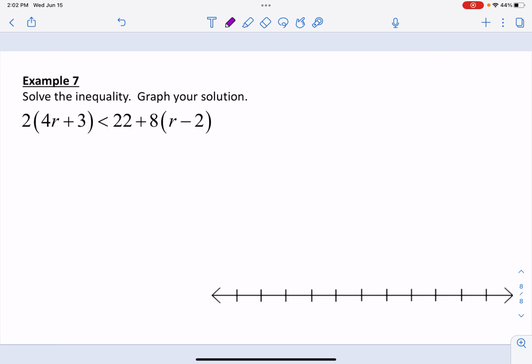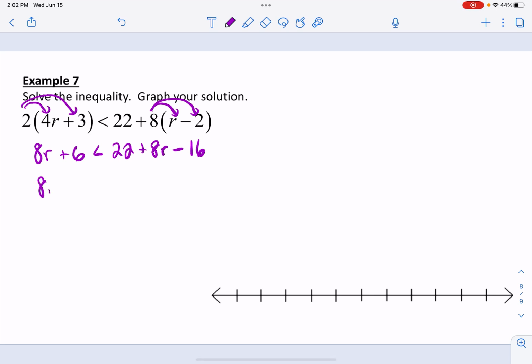So now, what we want to do is we want to solve this one. Distribute the 2 through. So I have an 8r plus 6 less than 22. Distribute the 8 through, plus an 8r minus a 16.